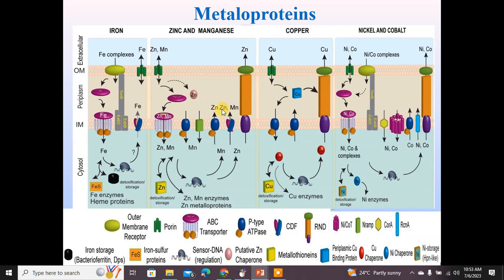The same way with zinc and manganese, copper, nickel and cobalt. This slide is telling you how important these transition metals are for protein functions. If they are missing, the protein will not perform its function.